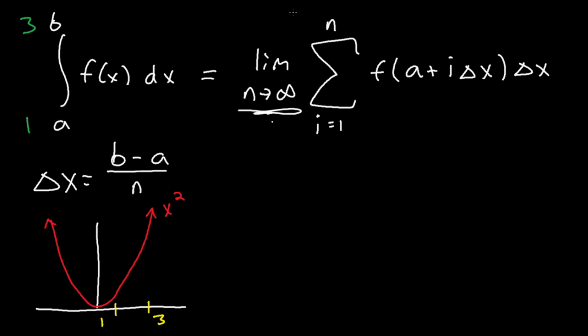Well, if n is approaching infinity, then delta x is approaching 0. That's basically what this is saying. And since delta x is approaching 0, we have super thin rectangles like this. They're essentially just straight lines.